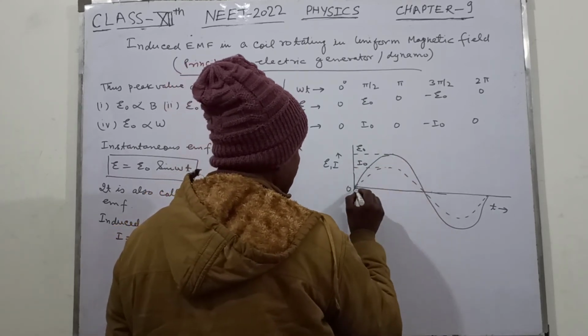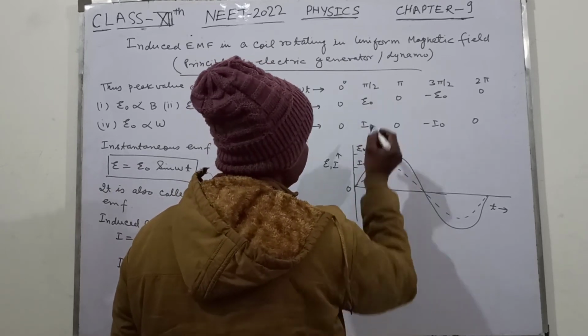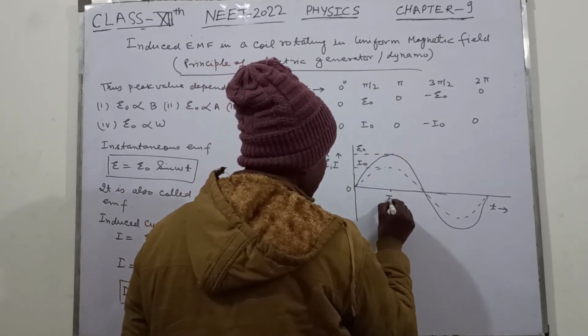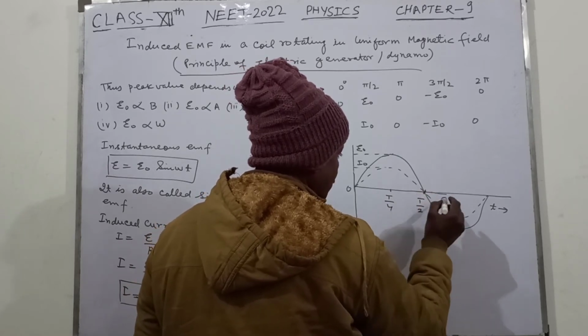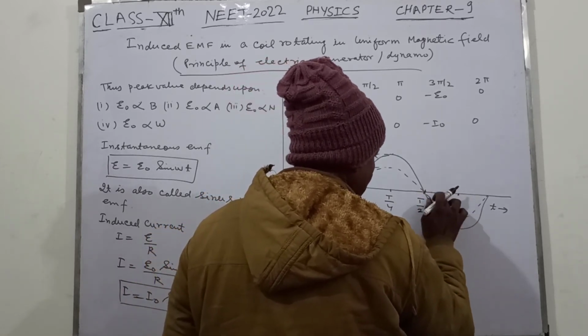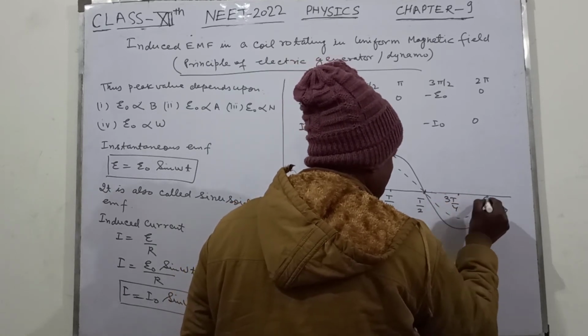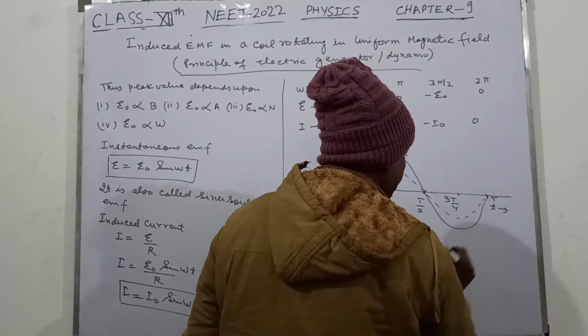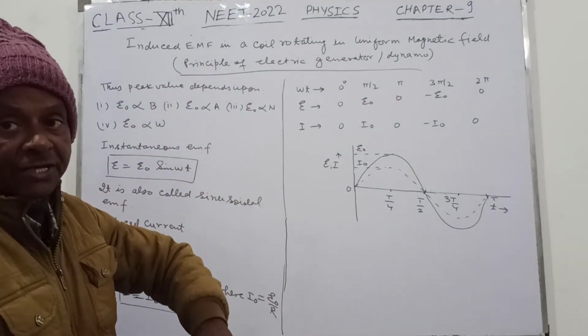Here this is 0, and this term is pi by 2, so this is your T by 4, this term is T by 2, here this is 3T by 4, and this is your T. This shows the variation for one complete cycle.